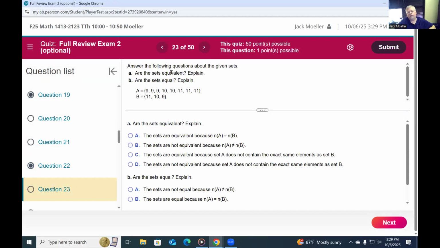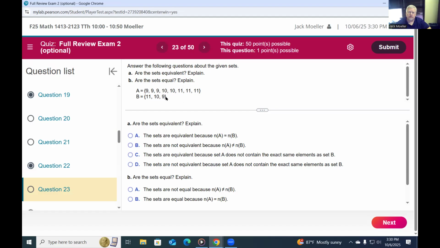Okay, equal and equivalent. Again, this comes down to knowing your definitions. Equivalent sets are sets that have the same cardinality, the same number of elements. Equal sets is stronger because not only do they have the same number of elements, they have the same exact elements. Okay. So when you look at A, it is 9, 9, 10, 10, 11, 11, 11, 11.